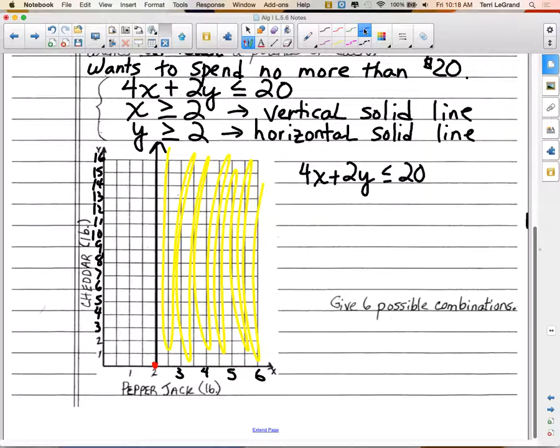Then you can go and draw yourself your horizontal solid line crossing the y-axis at 2. Again, it would be a ray because we don't want to extend back into negative territory or pepper jack cheese.